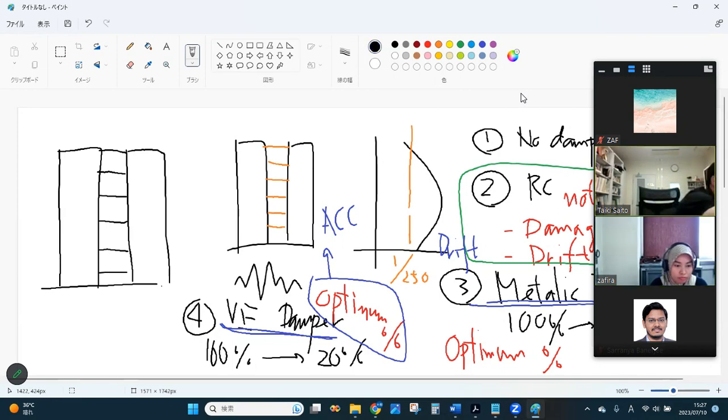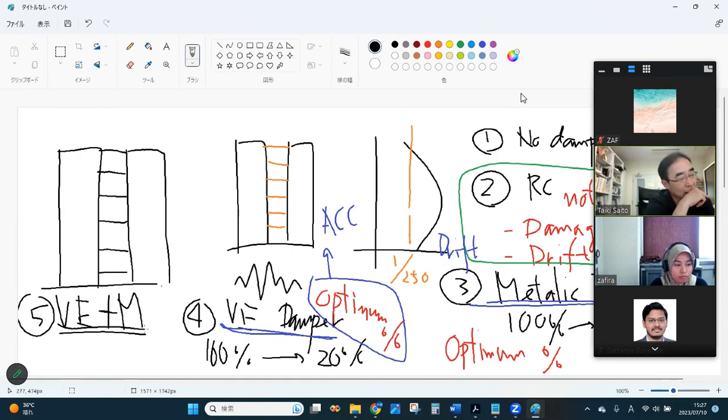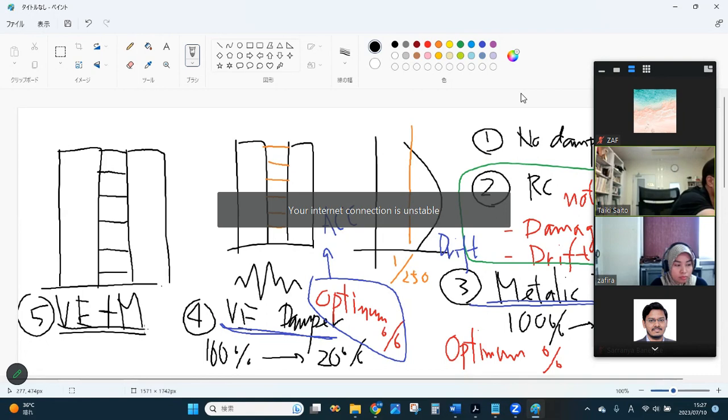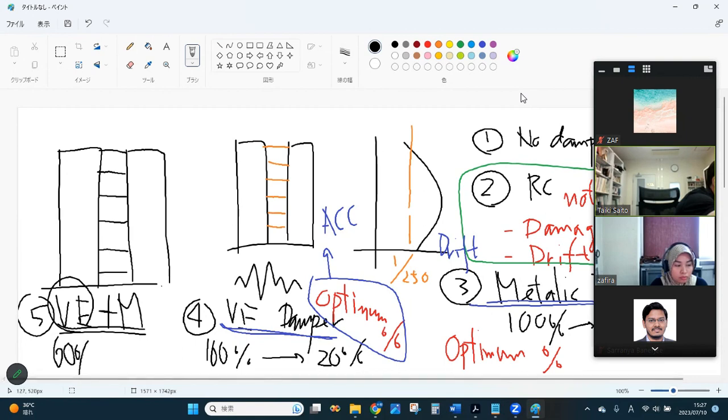And number 5, viscoelastic plus metallic combination. So in this case, viscoelastic damper, if you say 60% is the optimum, you keep it, not to change.